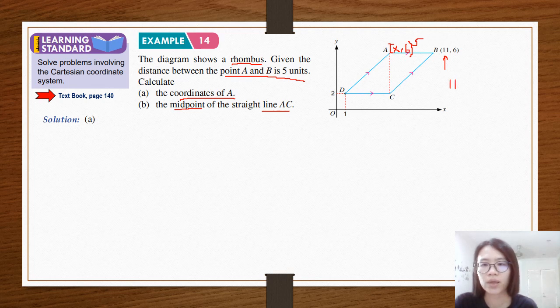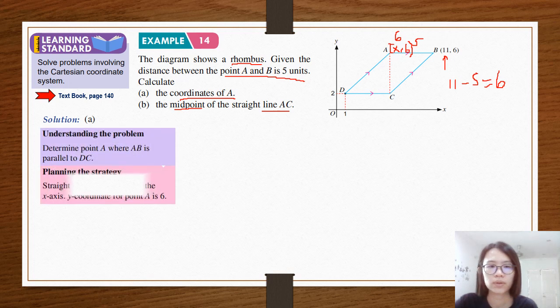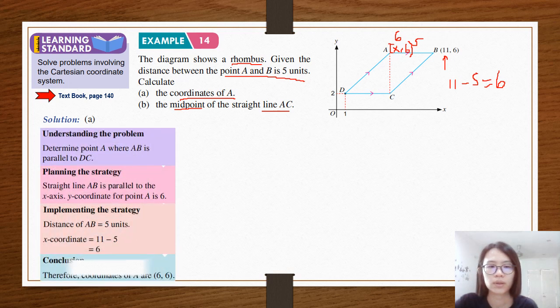Okay, 11 minus 5 equals to 6. So this is the value of x coordinate for point A. So conclusion, coordinates A are 6, 6.